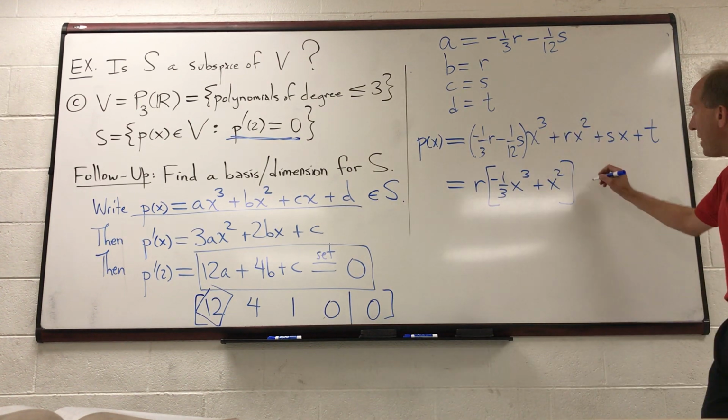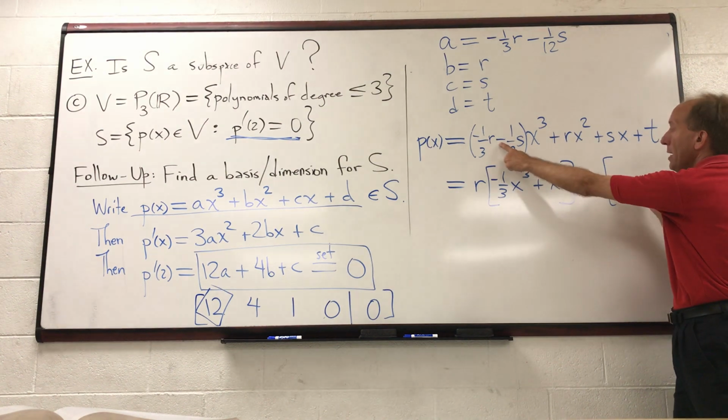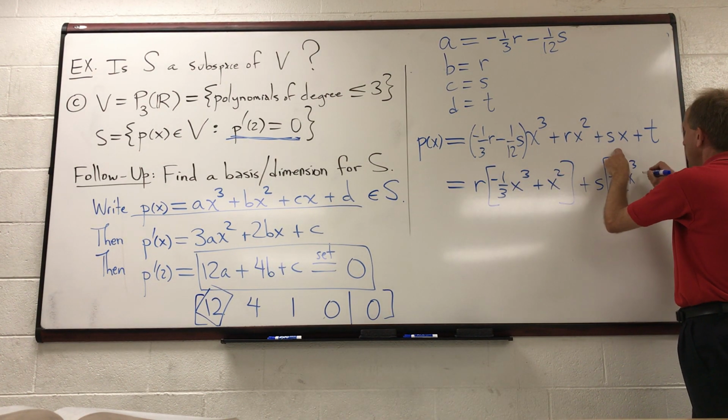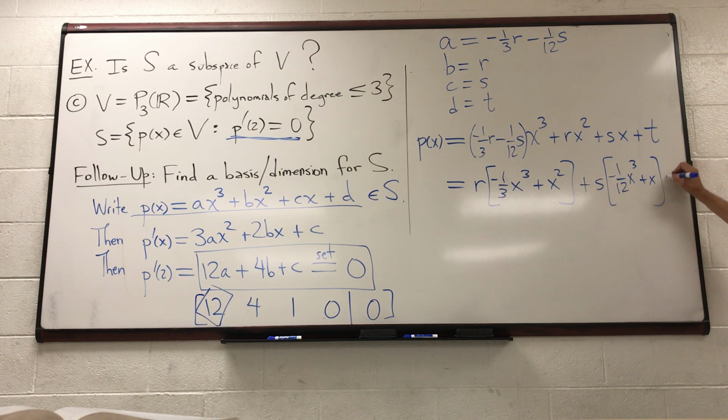And then we do the S term. S is being multiplied here by negative 1/12 X cubed, and then plus X. Okay, and then I'm going to do the T term. The T is just multiplied by 1 at the very end.